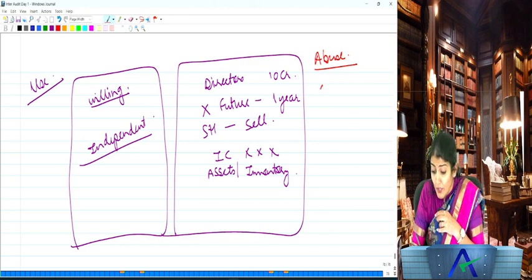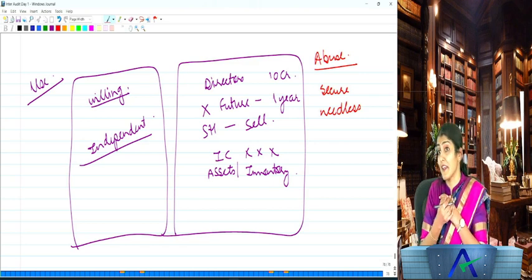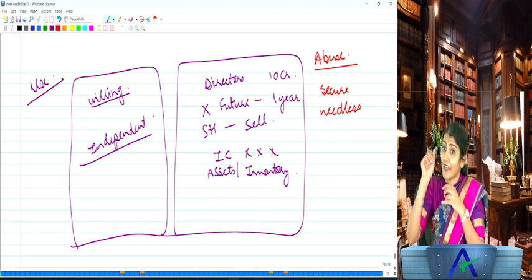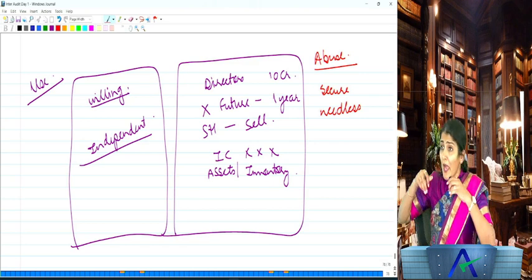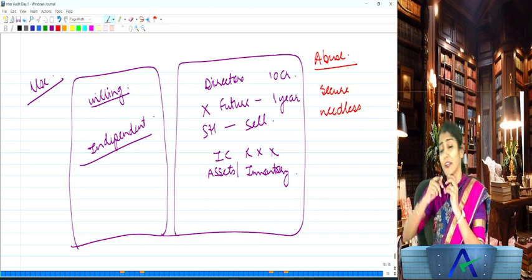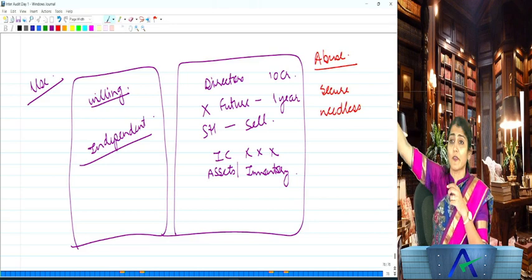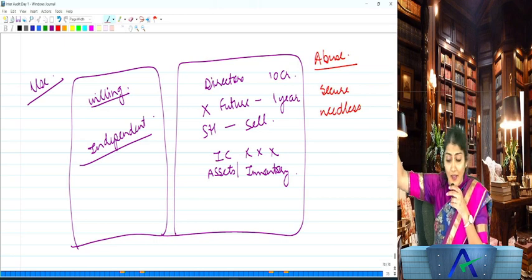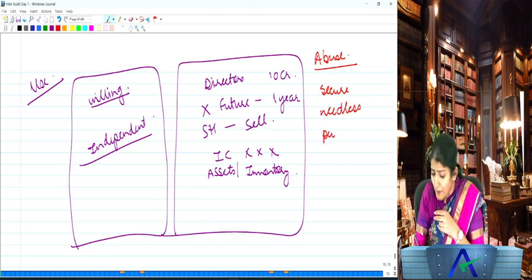Why? To secure needless publicity. They will never find an auditor like us. They will regret their entire life why they removed us as the auditor. And writing all this in the representation and telling the company, you send it to all the members. Right, to secure needless publicity or for defamatory purposes.